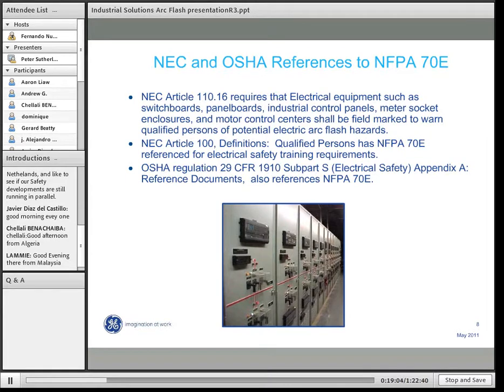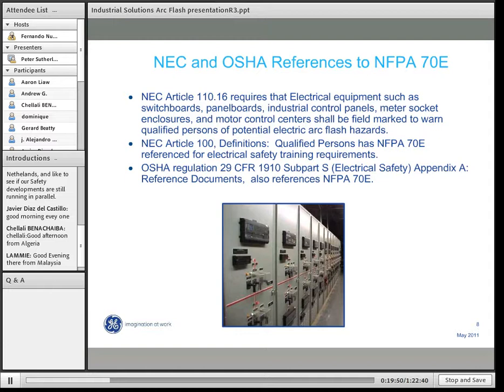And this requires that electrical equipment be marked to warn qualified personnel of potential electrical arc flash hazards. So there will be a sign put on the equipment, usually as a result of an arc flash hazard analysis by an engineer, which will tell you what the danger is and what type of personal protective equipment you should wear if you are working on this equipment while it's energized.